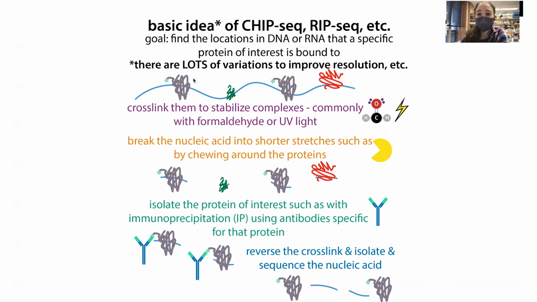You can immunoprecipitate, so use antibodies, or you can do some other sort of pull down where you have some way to isolate a protein of interest. Either an antibody against that protein, or the protein is tagged, and you can pull down the protein specifically, and then sequence what it's bound to. And so this is going to tell you where a specific protein is bound.